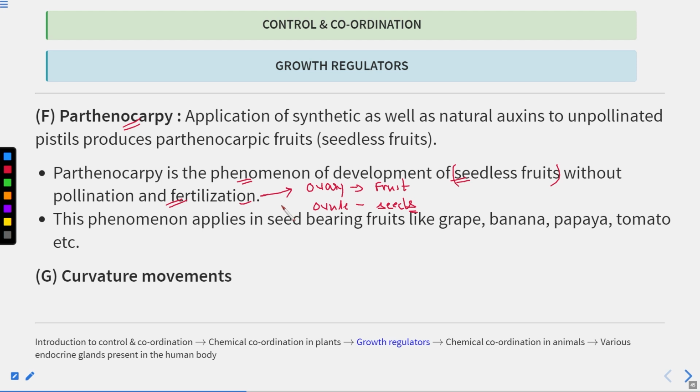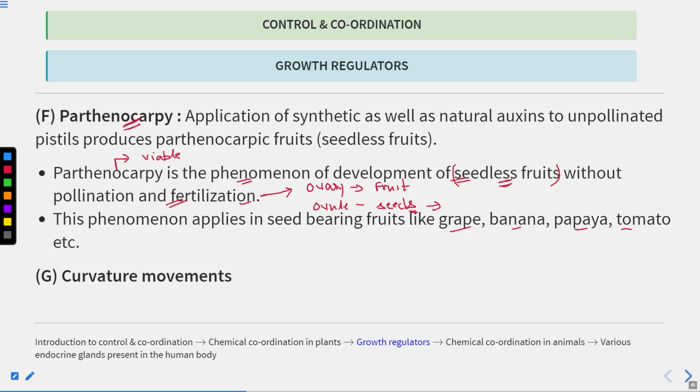But what happens if you apply auxins to plants such as grapes, banana, papaya, tomato? In these plants, you can induce the formation of seedless fruit, and these seedless fruits develop without fertilization. If there is no fertilization, then the seeds which develop are not viable. So in parthenocarpy, viable seeds are not produced.